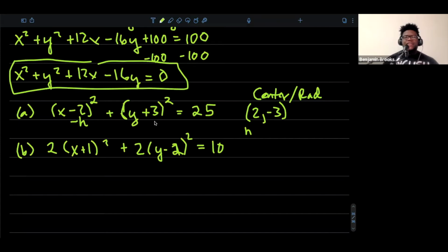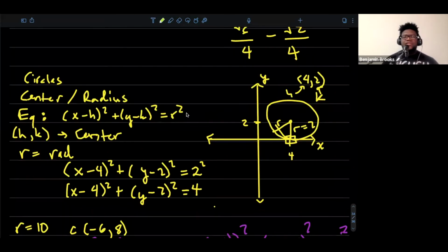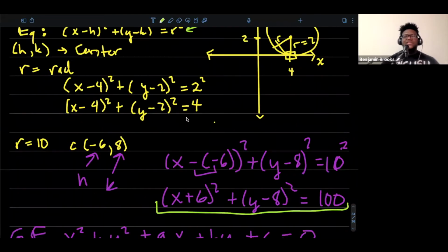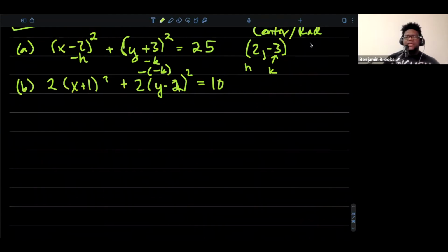Same thing if it's minus k: a positive here would be the exact same thing as saying minus k, so -3 would be your k value. Then remember it's equal to r squared. If I go back up to our standard form, it's equal to r squared. So you actually have to take the square root of that last number. So the radius would be 5.